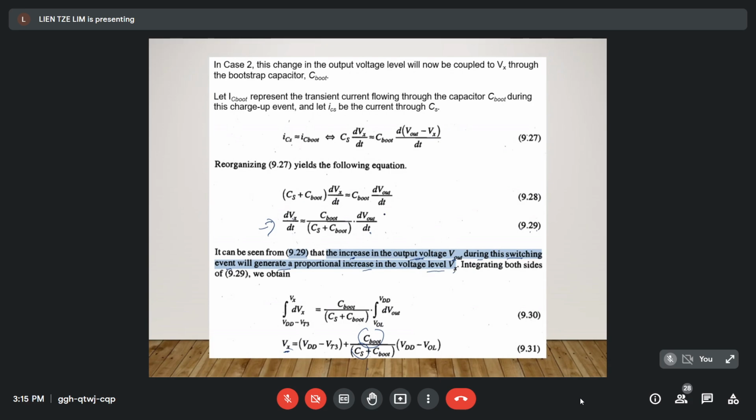So this is the relationship between Vx and Vout.